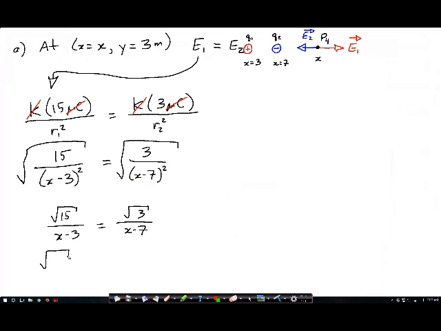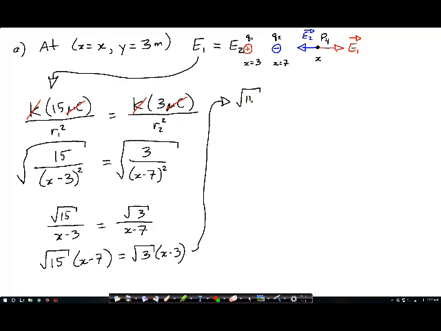Then I can cross multiply and expand. So root 15 x minus root 15 times 7, which will be 7 root 15, is equal to root 3 times x minus root 3 times 3.